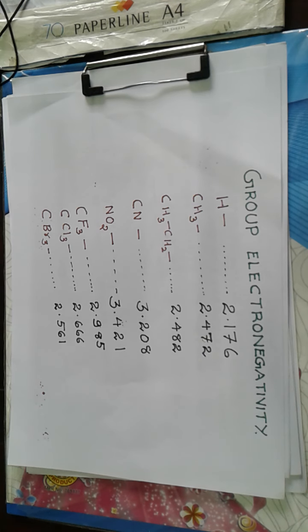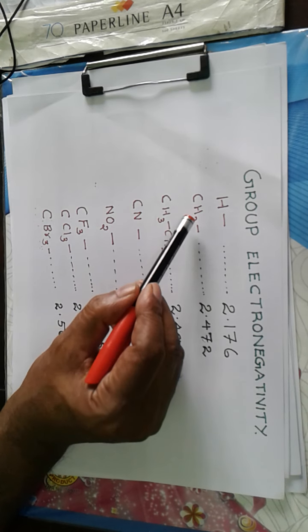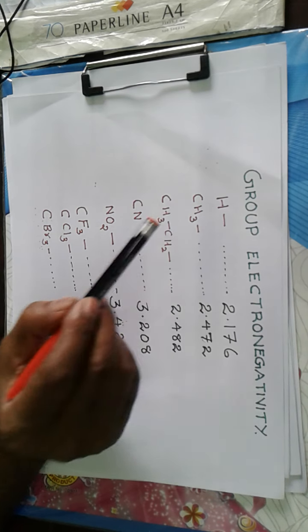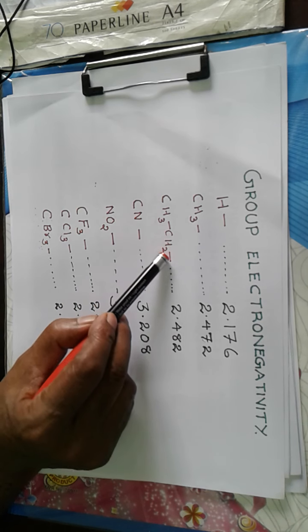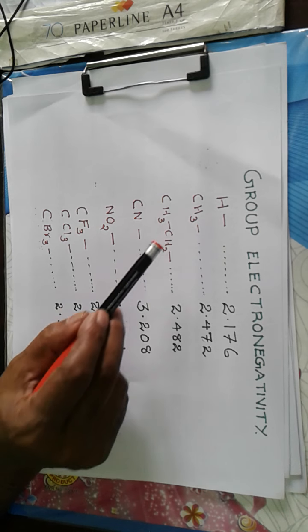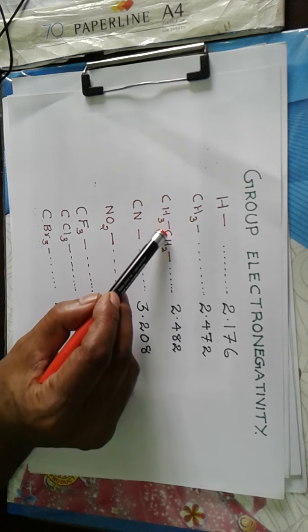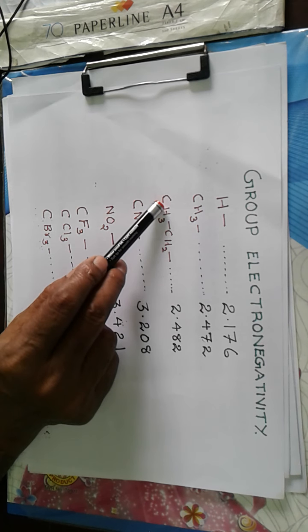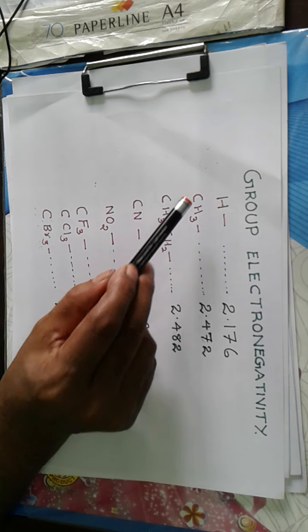Thus we find that the electronegativity of the ethyl group is greater than that of the methyl group, because in the methyl group we have 3 hydrogen atoms, whereas in the ethyl group the CH2 group is connected to a CH3 group, and here the CH2 group is directly connected to the carbon of the CH3 group, whereas in methyl a CH2 group is directly connected to a hydrogen.